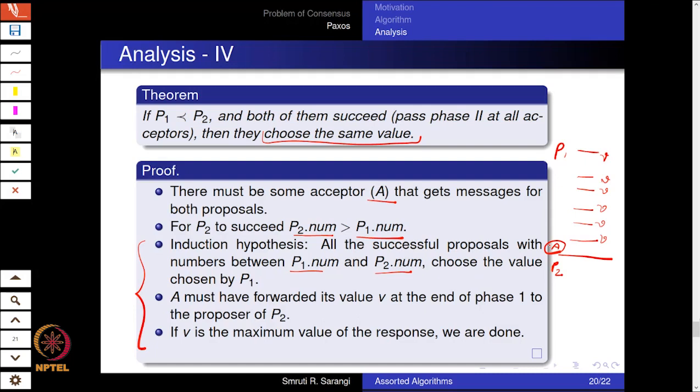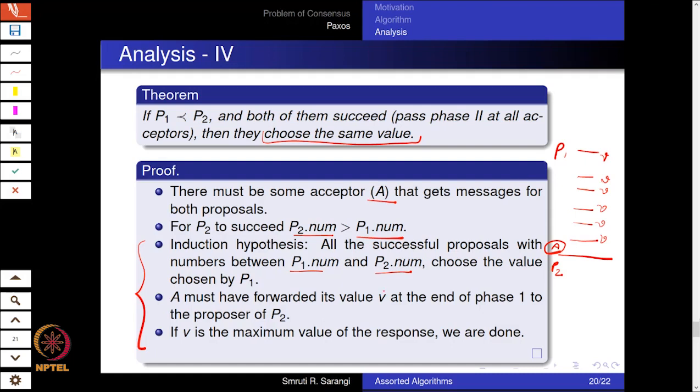And so this has to be the case. Why is this the case? Well, you need to understand that A is the common acceptor between P1 and P2, and since P1 chose V, it must have sent V at the end of its phase 1 to A, such that A would have recorded it, and then A would have sent a response, and this successful response would have been recorded by P1.